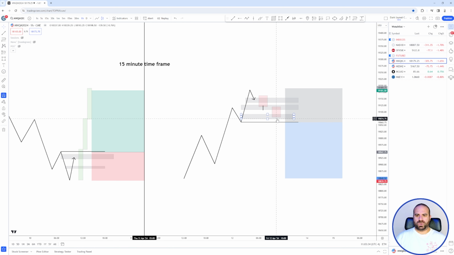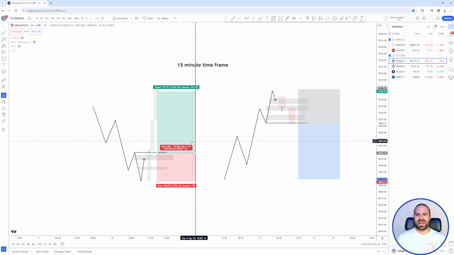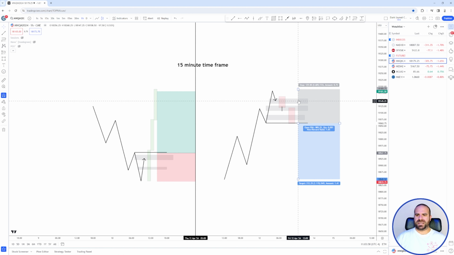Or you are saying that I'm not going to place a sell stop order, I want to be in front of the chart and look at it as it happens, and then enter right here with a break, with a market execution, with this violation of the last fair value gap. I am entering with the market execution, and the stop loss again is above this high, and take profits we're going to be talking about.